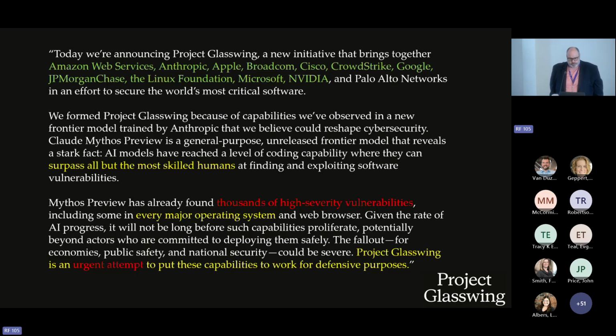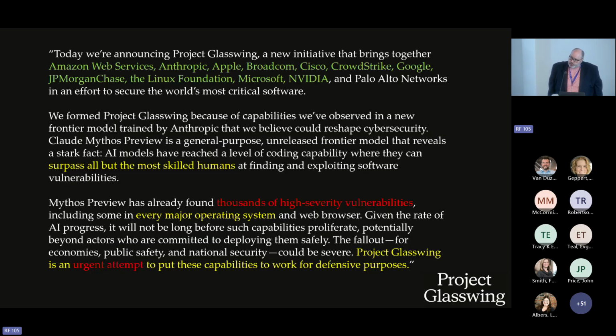Why did they do this? Well, directly from the text. They've discovered that AI models have reached a level of coding capability where they can surpass all but the most skilled humans at finding and exploiting software vulnerabilities.